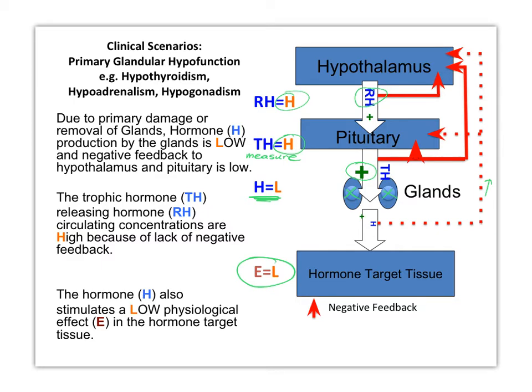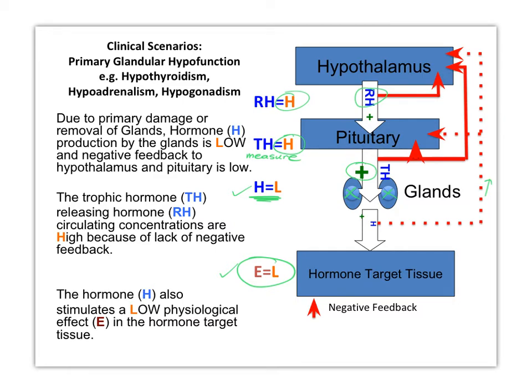But the clinically relevant thing here is that first you're presented with an animal that has signs of deficiency. You measure the hormone or some indicator of the hormone. Usually we talk about it being the unbound hormone when it's a steroid or thyroid hormone. The unbound hormone is going to be low. And the response of the pituitary, because all it knows is what it's getting as negative feedback, is that the negative feedback is too low.